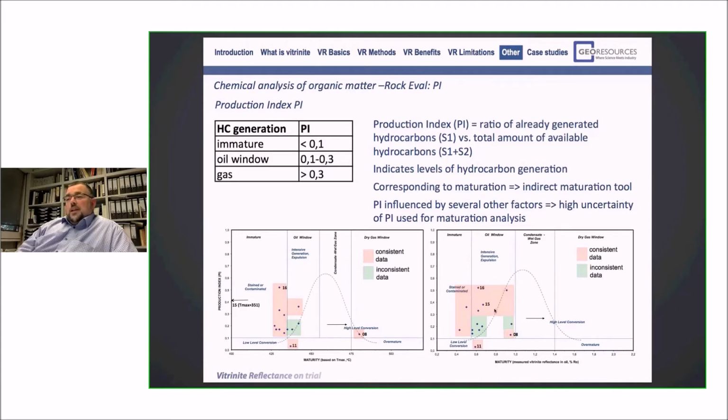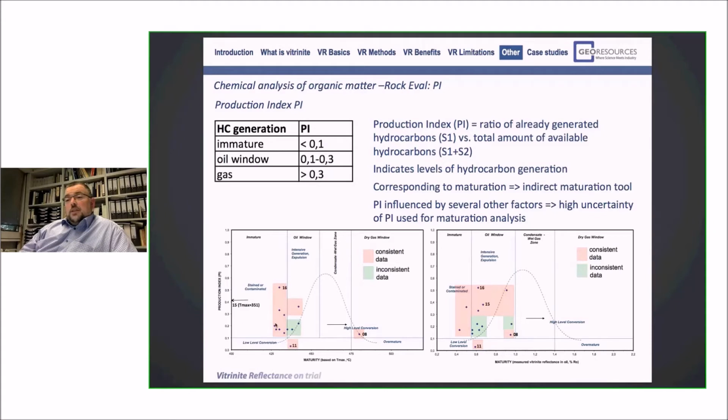And the same we see here, a little bit changed, because here we have taken vitrinite reflectance as one maturation parameter versus PI. And we see again, most of the samples show a mismatch between PI maturation interpretation and vitrinite maturation interpretation.